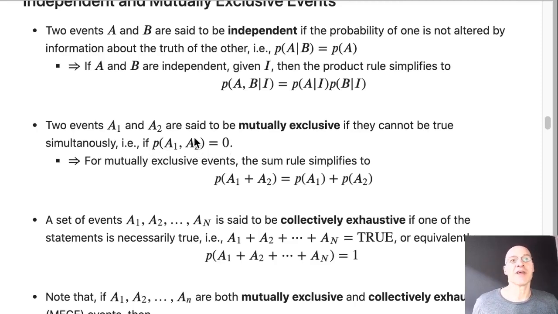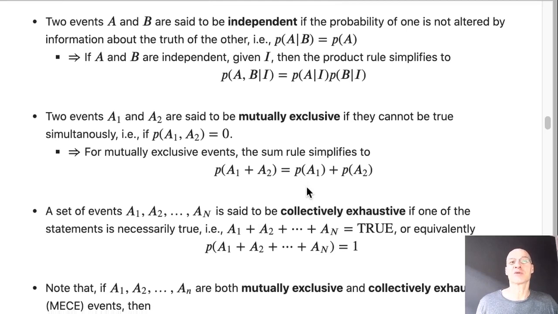As a result of that, the sum rule simplifies to this. Normally, the sum rule here has a term minus the joint over A1 and A2, but this term goes away. So we have a special sum rule here, and for independent events, we have a special product rule.